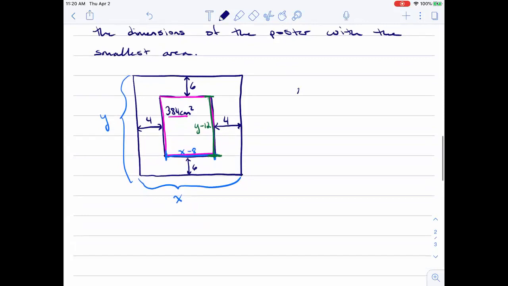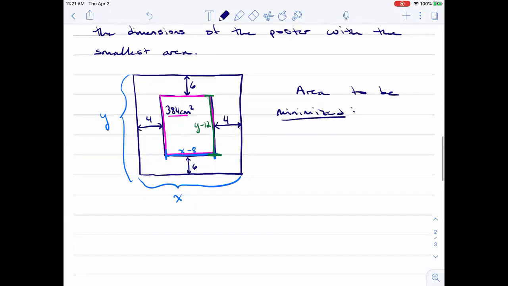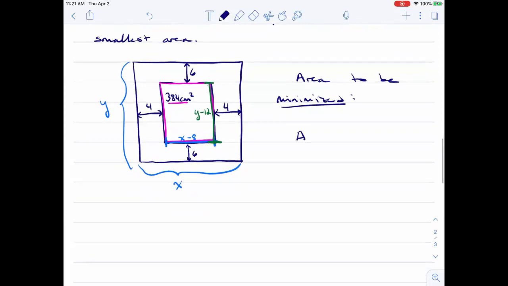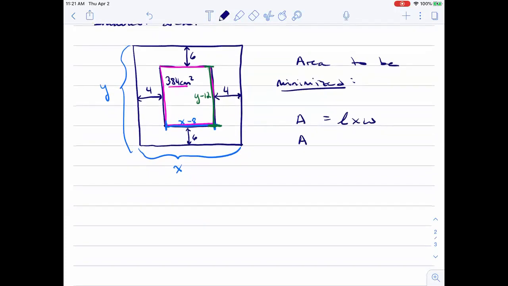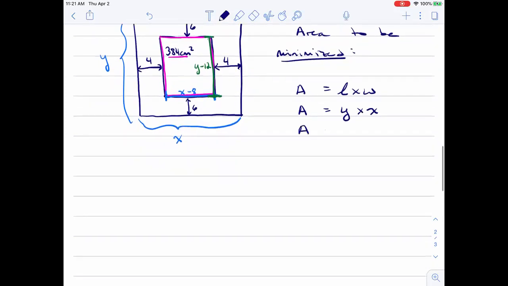And so the area to be minimized, well, area is the length times the width. In this case, the area is Y times X. So the area is YX, or XY if you prefer.